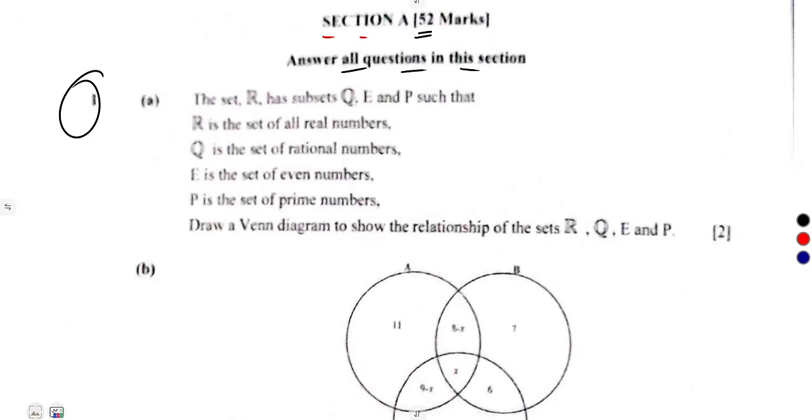1A, you were given the set of information, the set R, which is subsets, all right? So these are subsets of what? Of the set R. So meaning to say the set R is actually just like the mother set. So this is our mother set, which is the universal set. So R is the set of all real numbers.